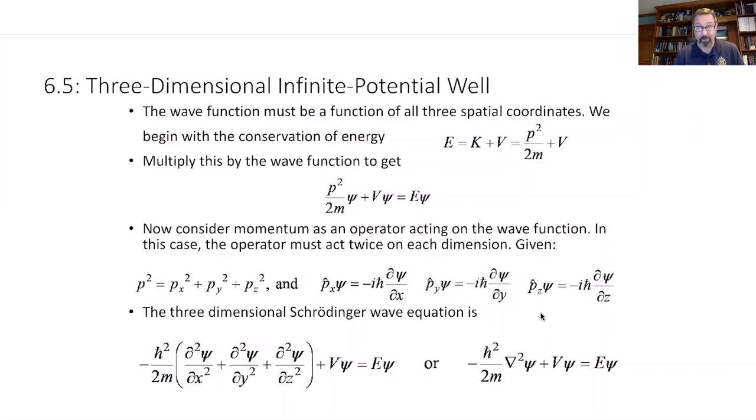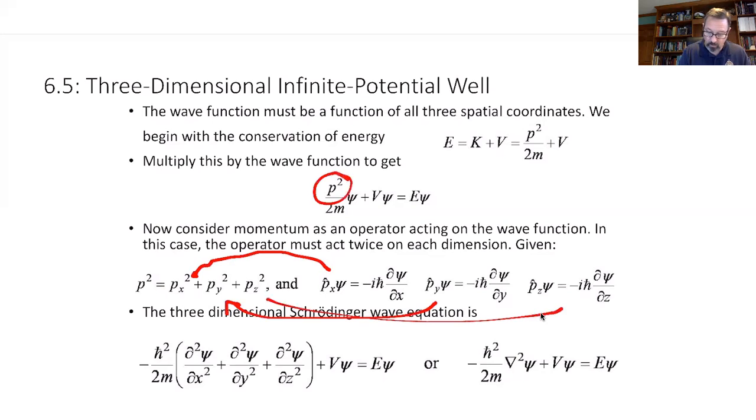Of course, by analogy, you can hopefully accept that the y component of momentum is minus i h bar times the partial derivative with respect to y. And the z component of linear momentum is minus i h bar times the partial derivative with respect to z. And so each of these is going to go into their respective places because we need momentum squared.